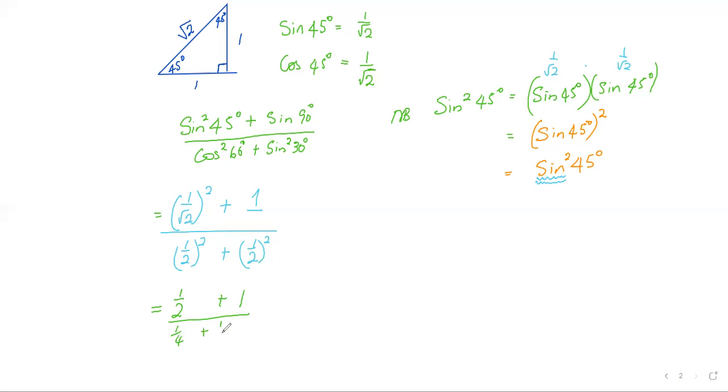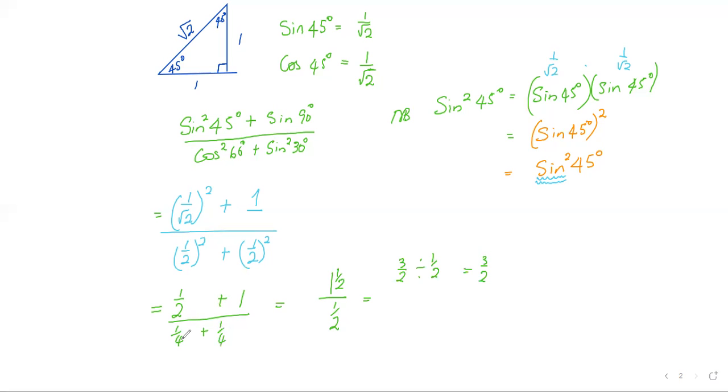Half squared is a quarter. This is 1/2. A quarter and a quarter gives you a half. This can also be written as 3/2 divided by 1/2, which is equal to 3/2.